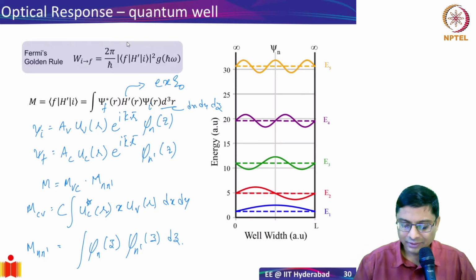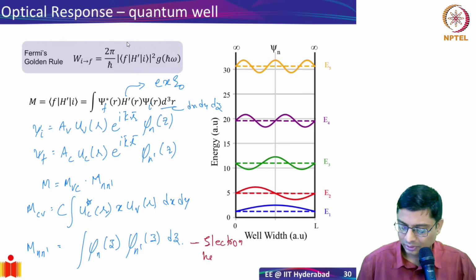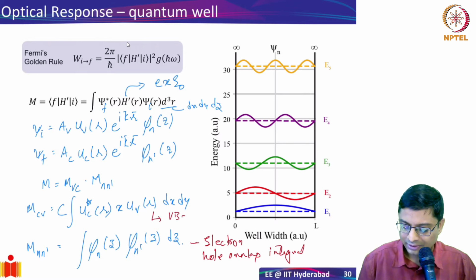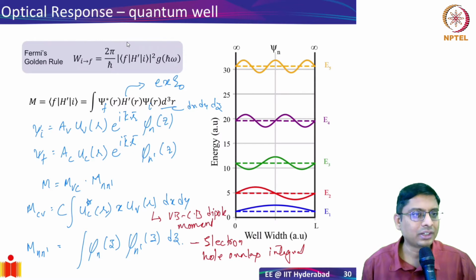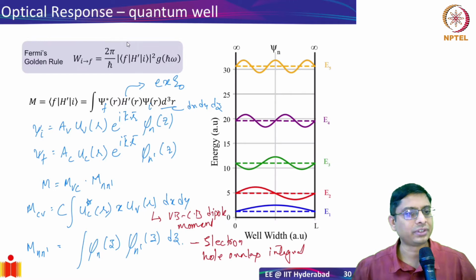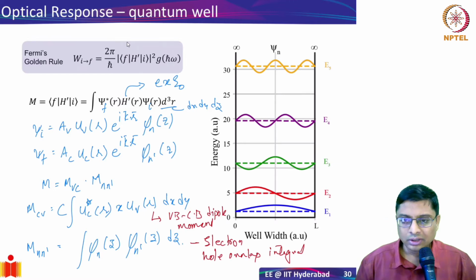The reason we are doing that is this is basically what we call the electron-hole overlap integral. And this is my valence band to conduction band dipole moment integral, right? Integral of the dipole moment times the wave functions. So if you do that, there's an expectation value that comes out.